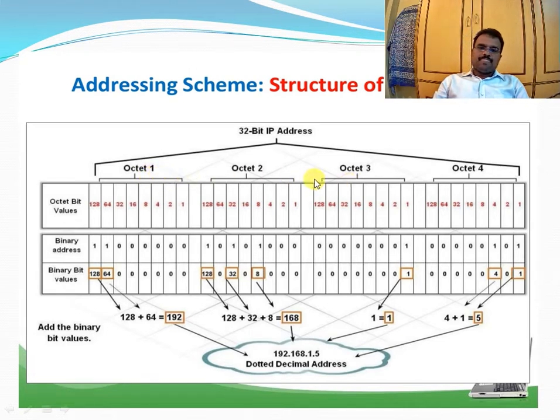Take the example 192.168.1.5, which can be represented as binary numbers: 192 is equivalent to 11000000, and 168, 1 and 5 each have their own binary equivalents.